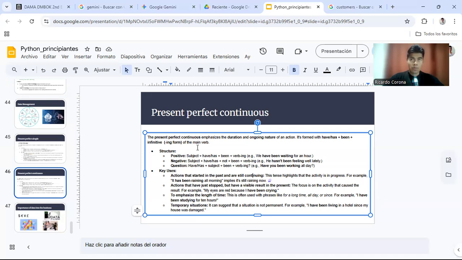Or for example, my refrigerator was empty because I have been eating all the day, all the morning.